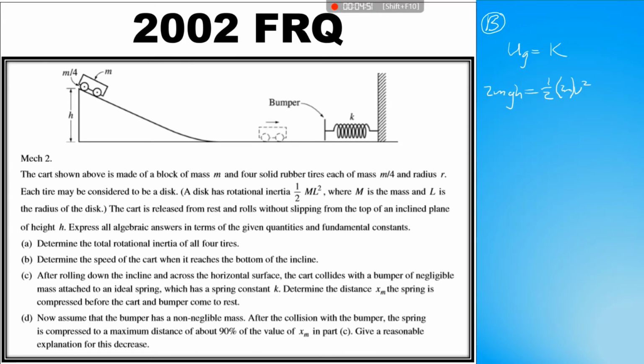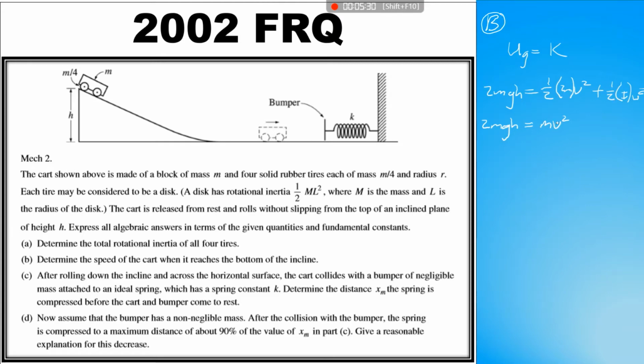We've got one more thing happening with our energy, plus 1/2 I omega squared. So I'm going to need to sub in for that I. So 2mgh is equal to lowercase m v squared, and then what's my I?